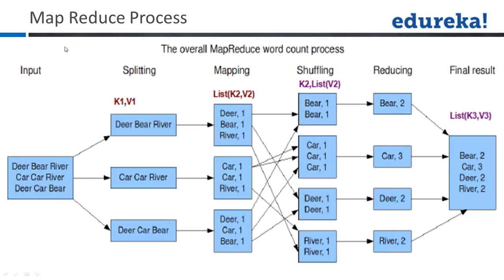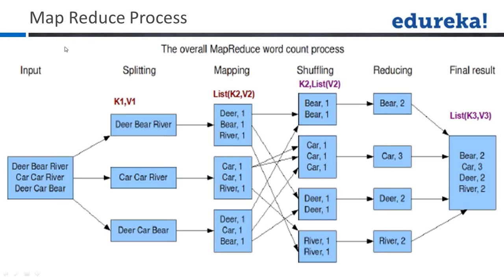Look at this example, guys. This is your input. Now you remember I put this key value here. So this is the splitting. You've split those records as deer, beer, river, car, river, deer, car, river, bear.